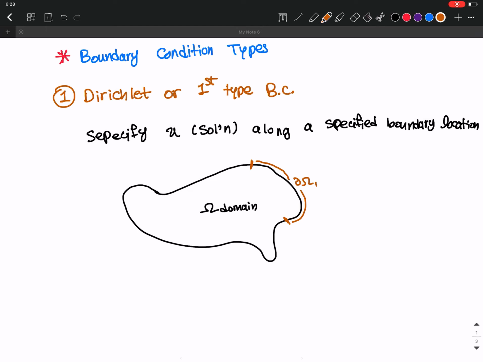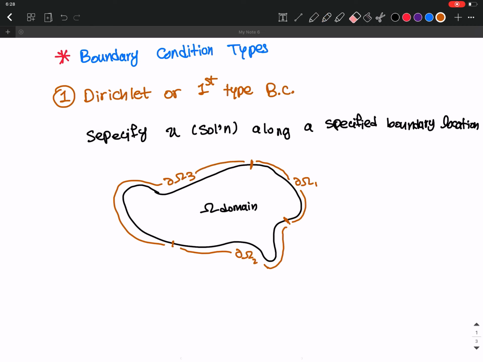And then you can do it differently for any boundary. So here, up to here, you can say I have partial gamma 2, and then for this region you can say I have partial gamma 3.